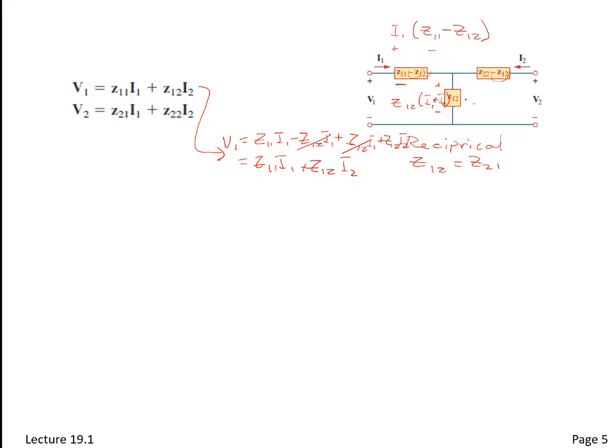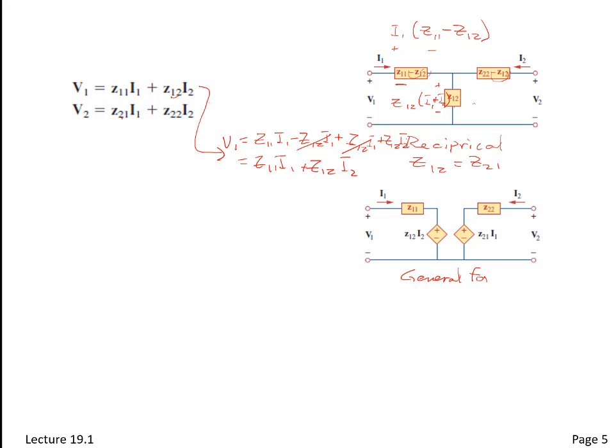The important thing about equivalent circuits here is that this requires that this and this be the same, because I did a substitution there. If they're not, here is an equivalent circuit. This is the general form of equivalent.